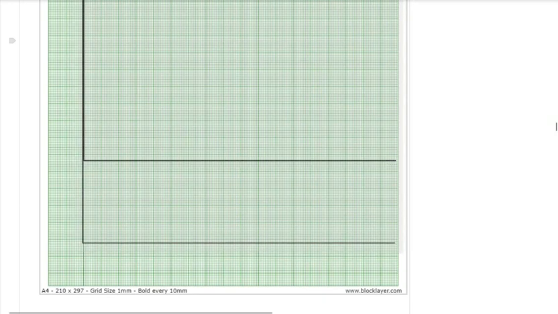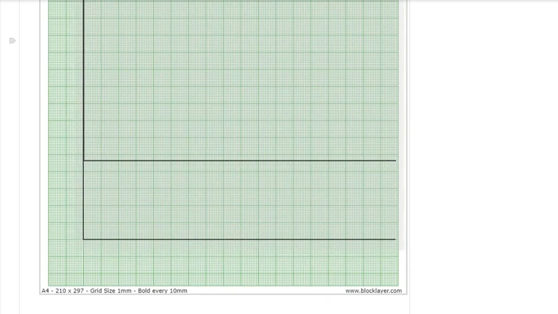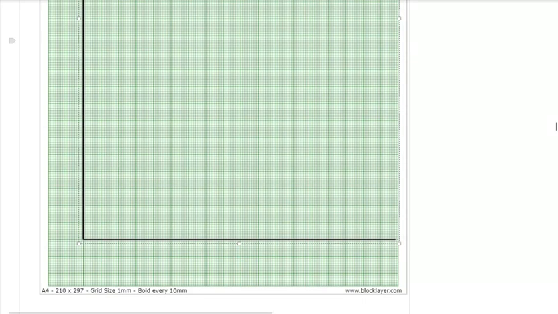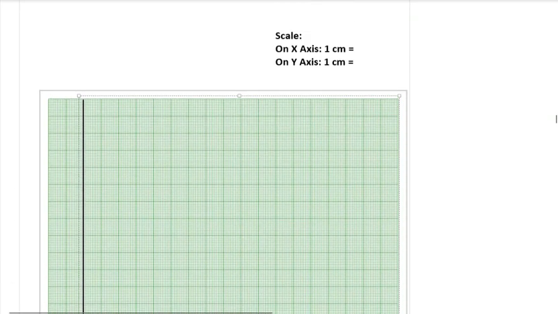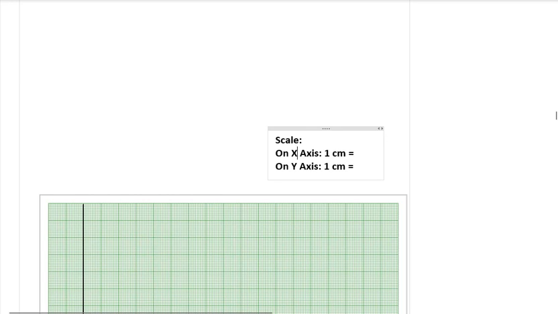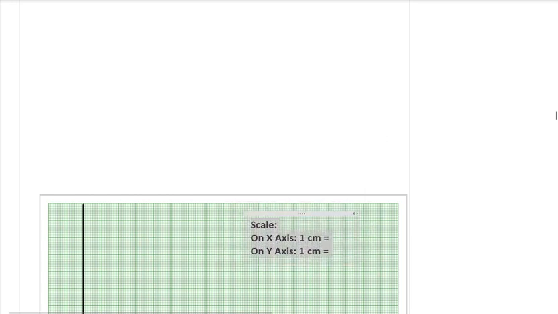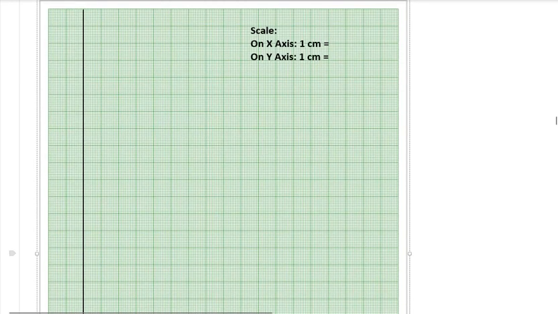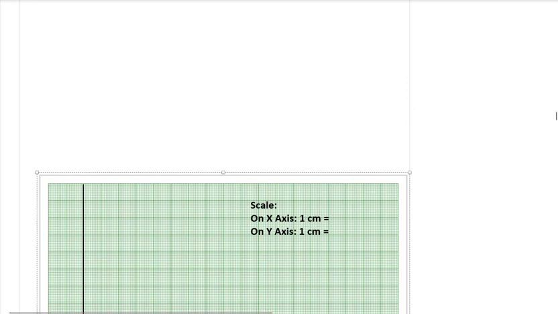Let me bring it over here, and the scale as well. So scale on x-axis, 1 centimeter is equal to 10 units.